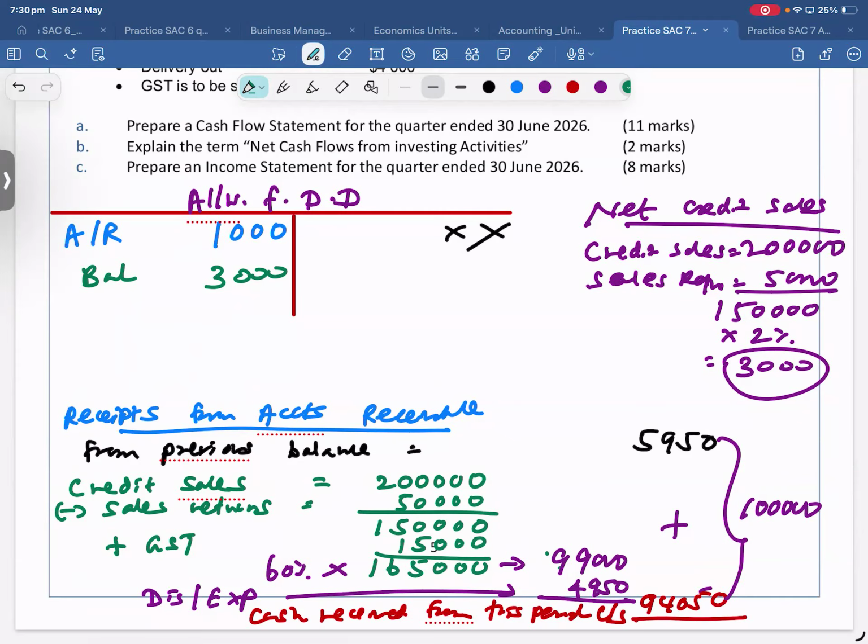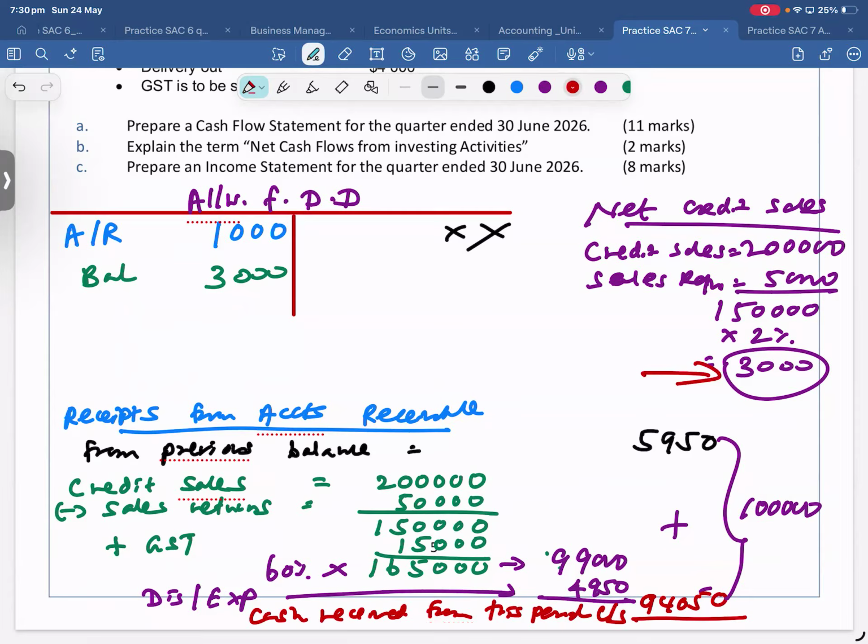That's why we should be doing it, but we didn't do it in this one. That's what I'm asking. Why didn't you do it? Because guys, this is where you need to understand the concept as well. What do you mean by this 3,000?